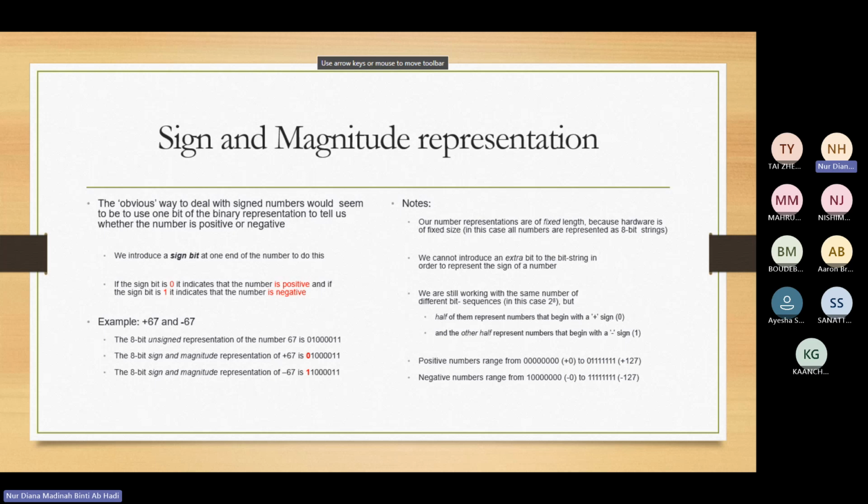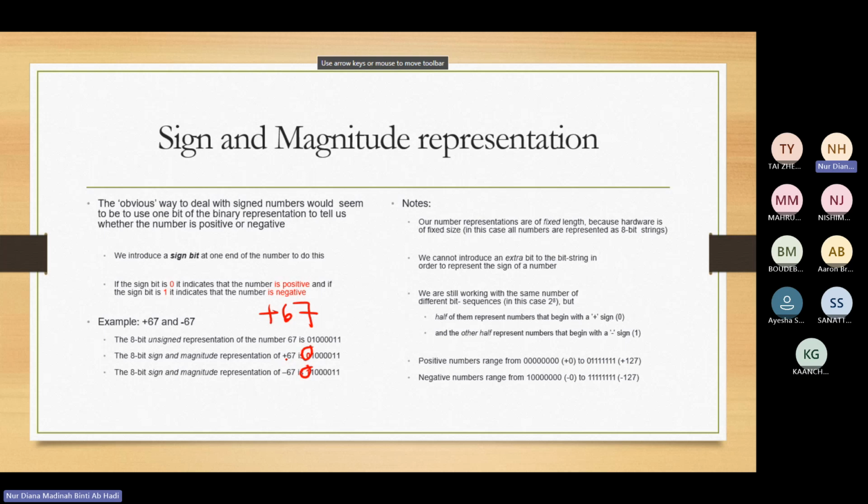So, for example, our value of unsigned 67 is 0100011, but when we have positive 67, automatically the sign bit in front would be 0. If negative, it will be 1. Our number representations are fixed length because your hardware is a fixed size.